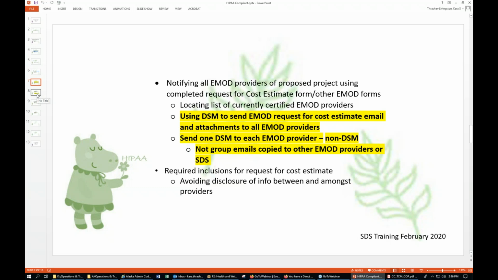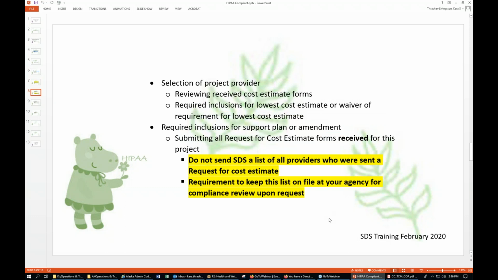Keep those things on file in your domain, however you keep digital files. Don't send us a list of all who were sent. Keep that on file. You would send us a copy of all that responded with the request for cost estimate form.